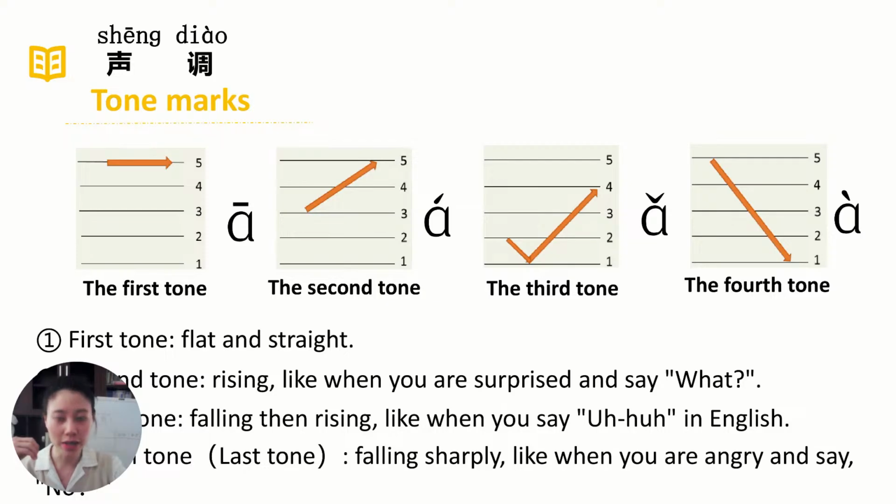In this case, we're going to borrow a final, because we normally put the tone on top of the final. We cannot put a tone on top of an initial.